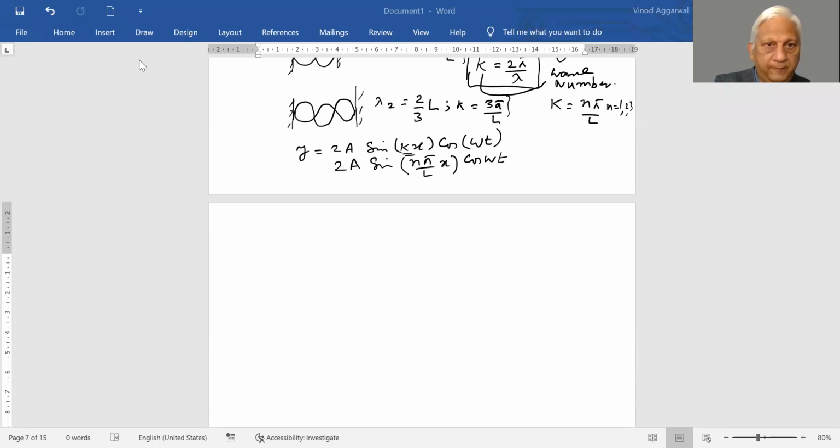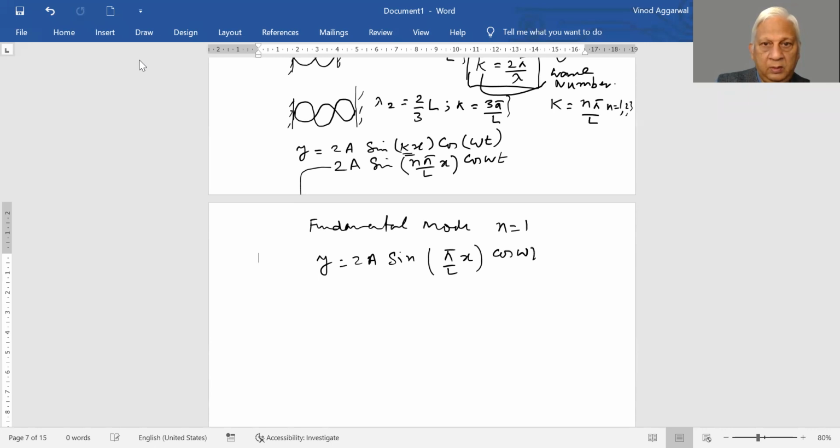Now we do some treatment for the fundamental mode. In fundamental mode, n is equal to 1. So our equation becomes... now what we see here, y will be 0 at x is equal to 0, right?